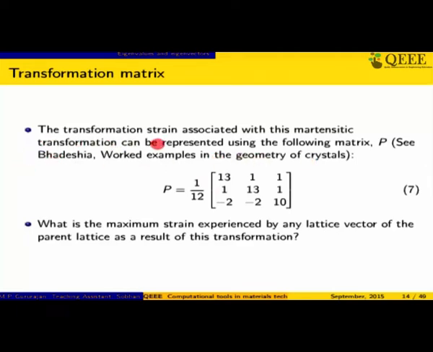The transformation strain associated with this martensitic transformation can be represented using the matrix P. Okay, so we have the matrix P, and then we are asked the question, what is the maximum strain experienced by any lattice vector? You want to say that any lattice vector you take, the strain cannot be more than this or something like that.